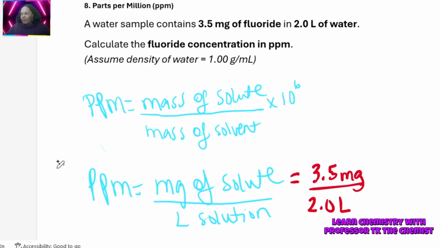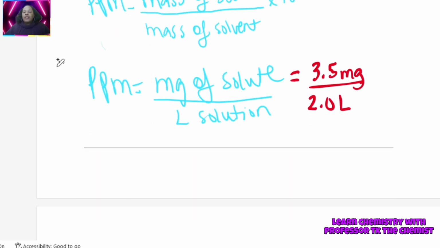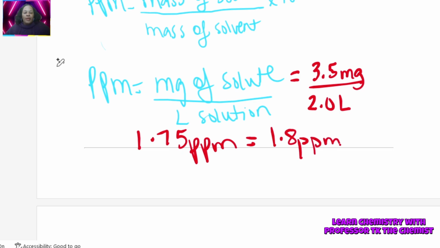There are two sig figs in the top number, two sig figs in the bottom number. So even though I get 1.75 parts per million, you need to round that off to 1.8 parts per million, because you have to have two significant digits in your final answer.